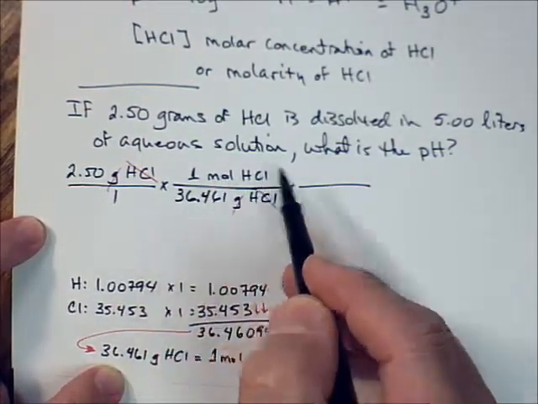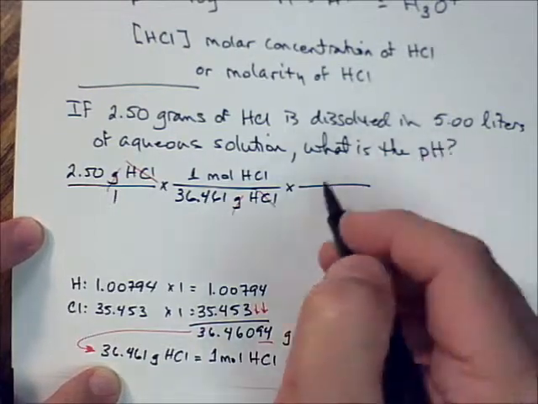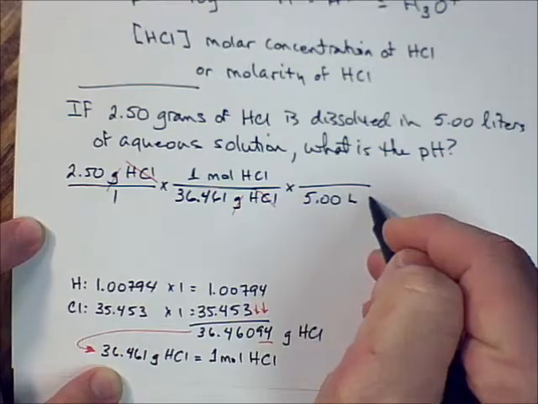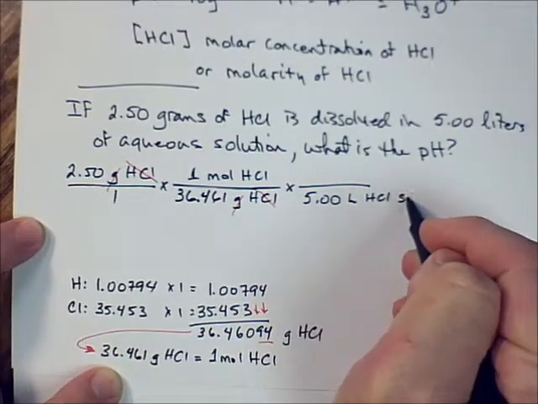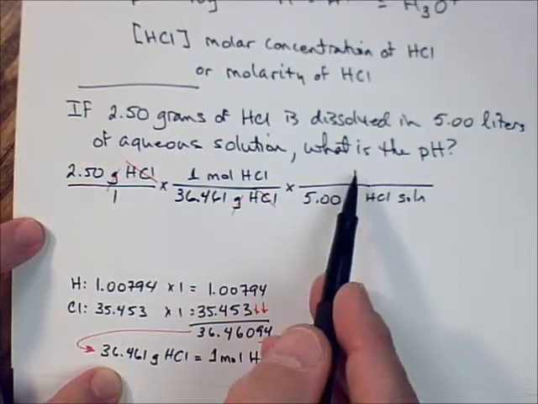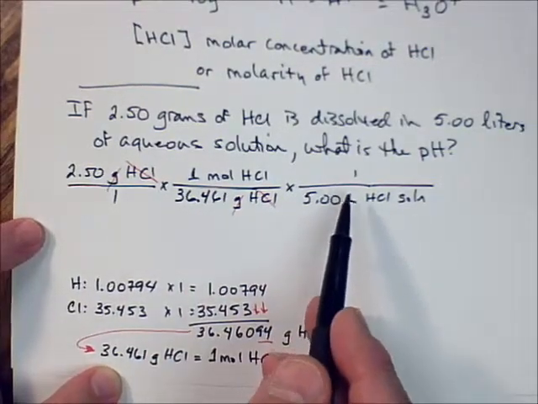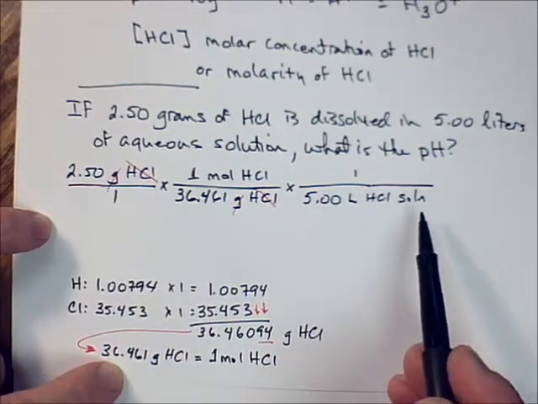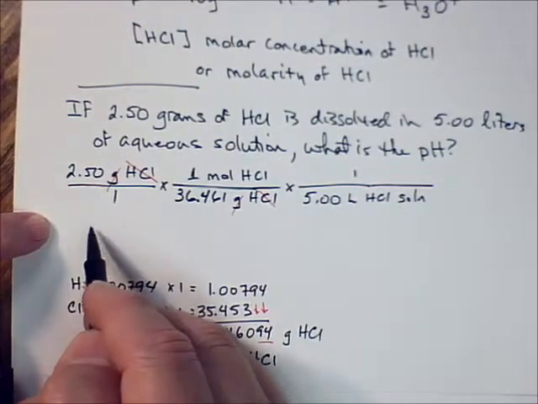We want to put the moles of HCl over the liters of solution. By putting this in a fraction underneath the 1, when I multiply these together, I'll get moles of HCl over liters of solution, which will give me the molarity.